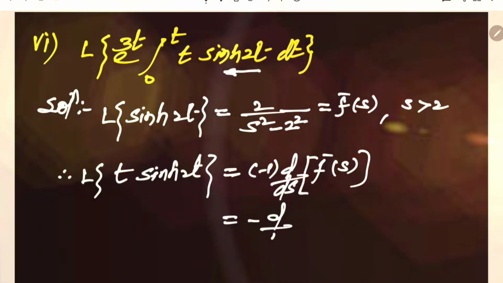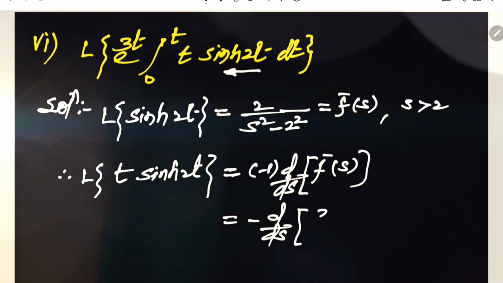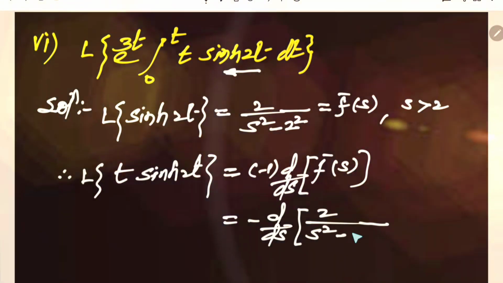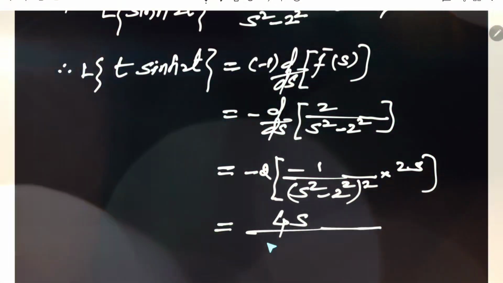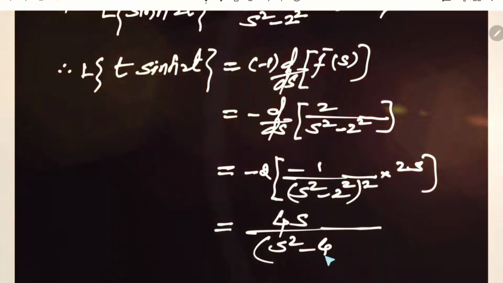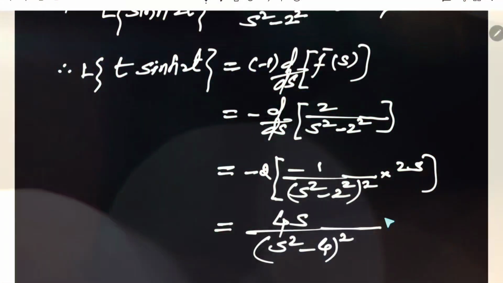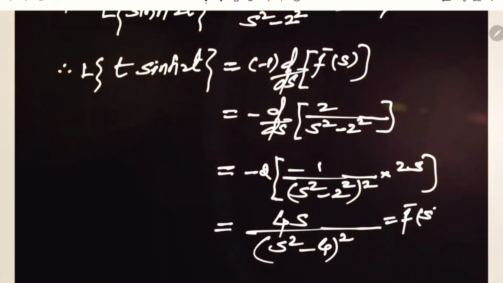It is minus d by ds of 2 upon s square minus 2 square, it is minus 2 into derivative of 1 upon s square minus 2 square, which is minus 1 upon (s square minus 2 square) bracket square, and chain rule, derivative of s square is 2s, therefore minus minus become plus 4s divided by (s square minus 4) bracket square, a new f bar of s.